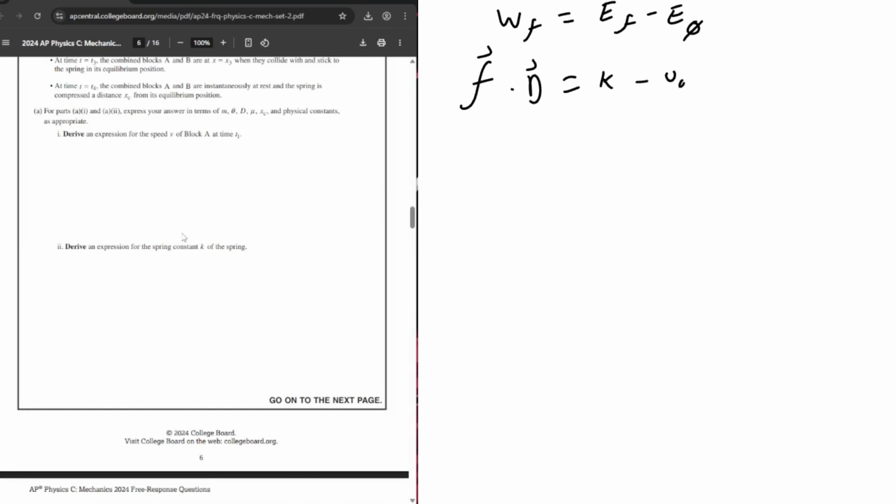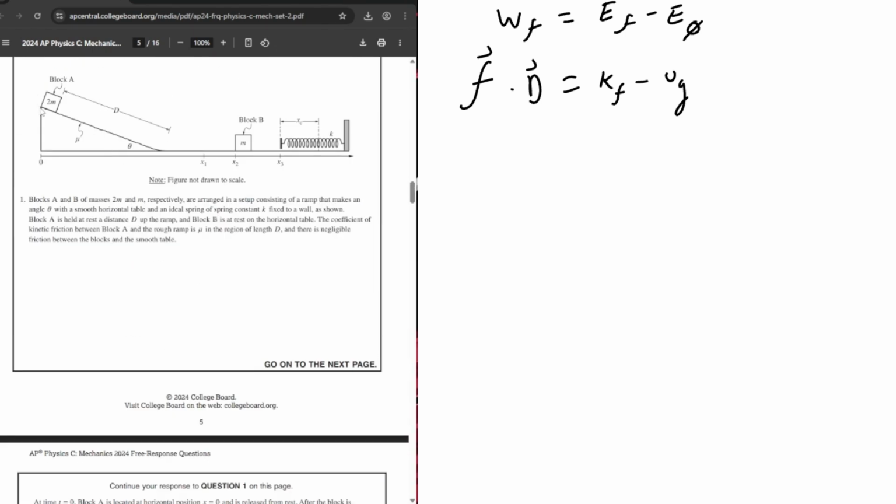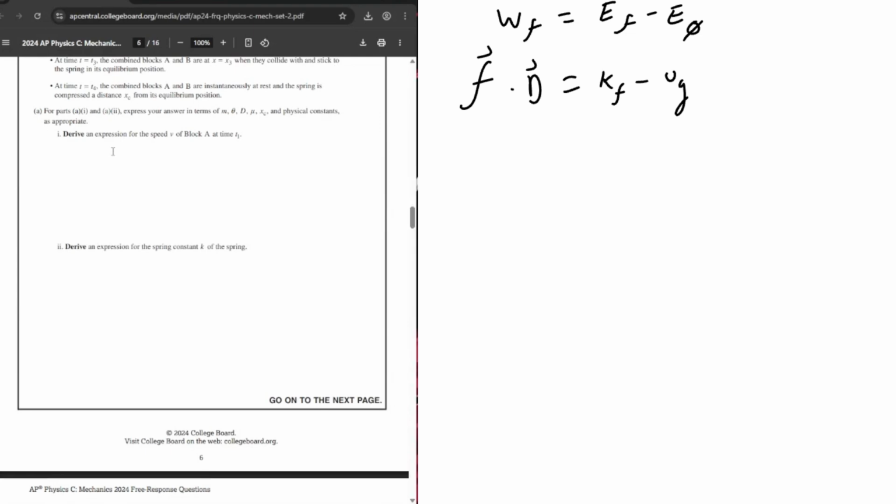So I'm going to write K final minus U_G, which is our initial gravitational potential because it's up here. It has some gravitational potential and then it slides down here and no longer has gravitational potential, just kinetic, right? But friction takes away some of that energy and reduces its overall speed.